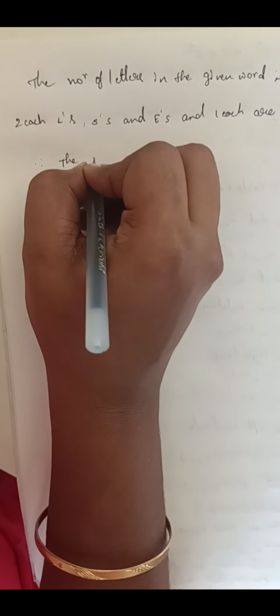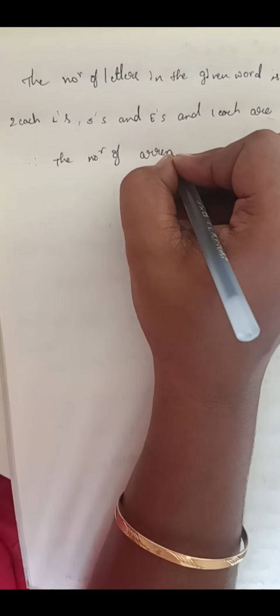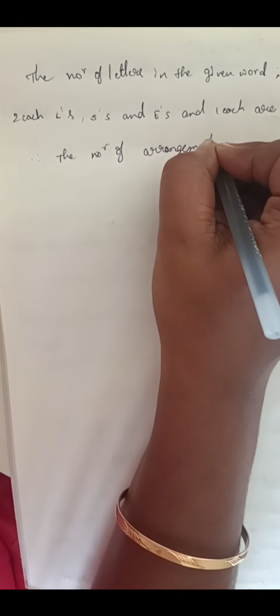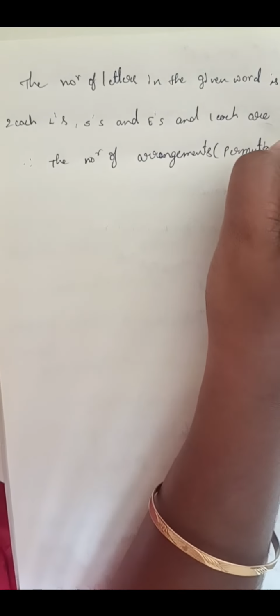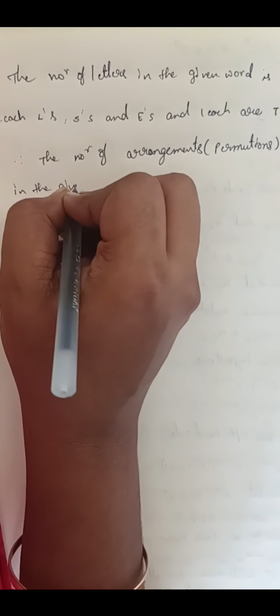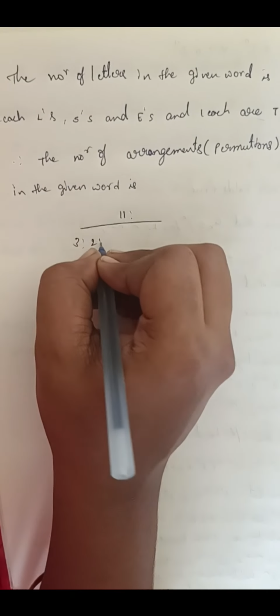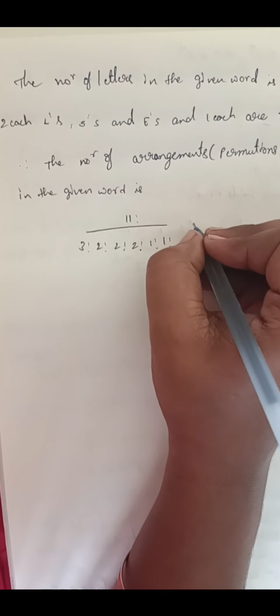Therefore, the number of arrangements, that means permutations of the letters in the given word, is 11 factorial divided by 3 factorial into 2 factorial into 2 factorial into 2 factorial into 1 factorial into 1 factorial.